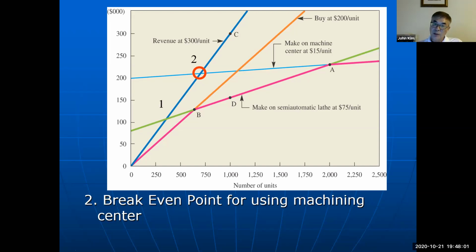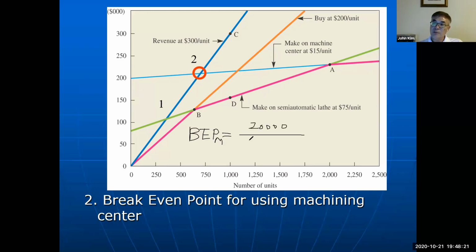You can calculate that one: break-even point for motion center equals total fixed cost, which is 200,000, divided by price, 300 minus 15.